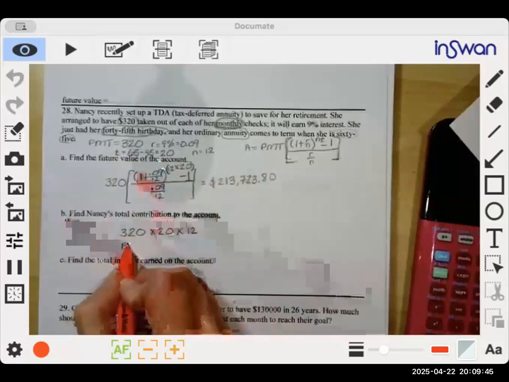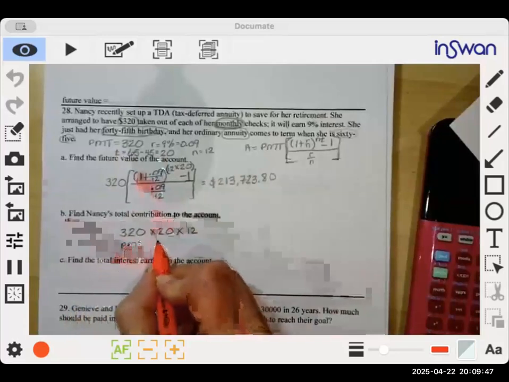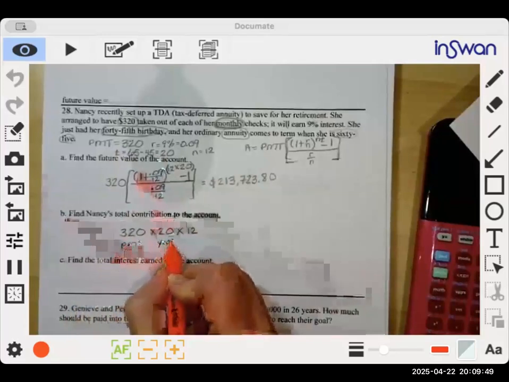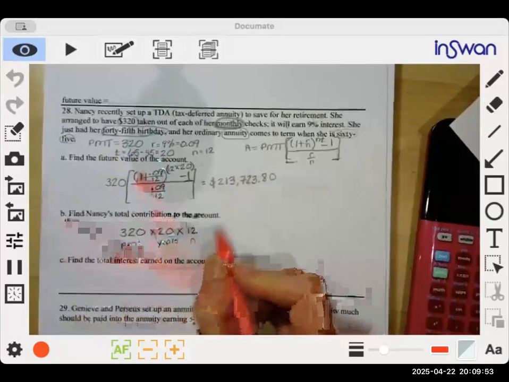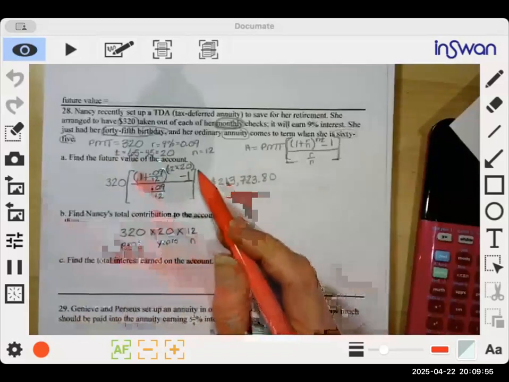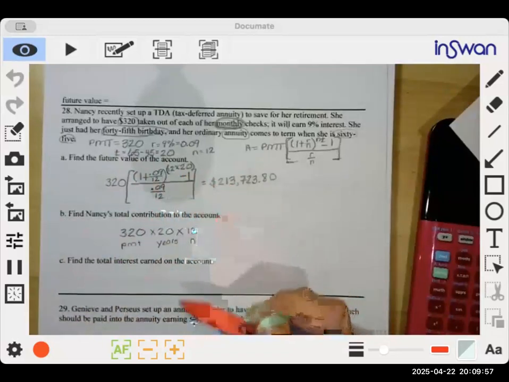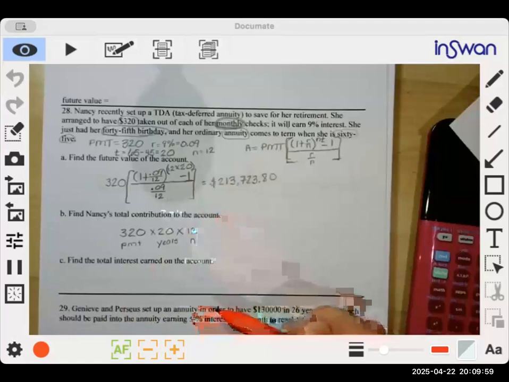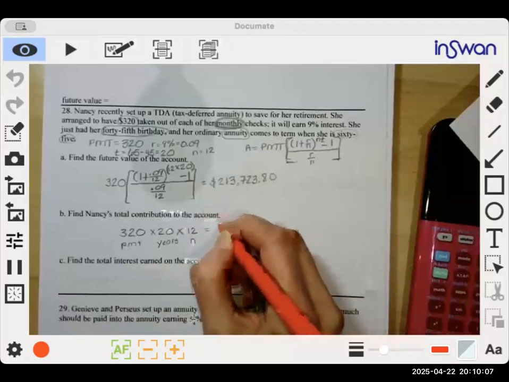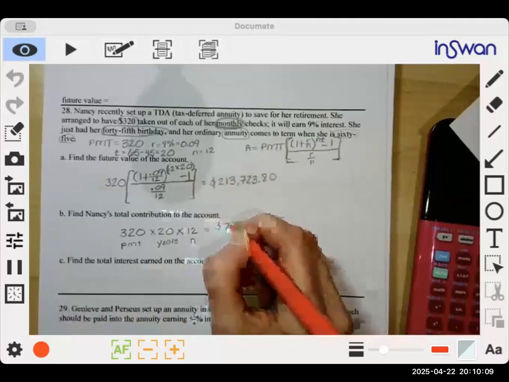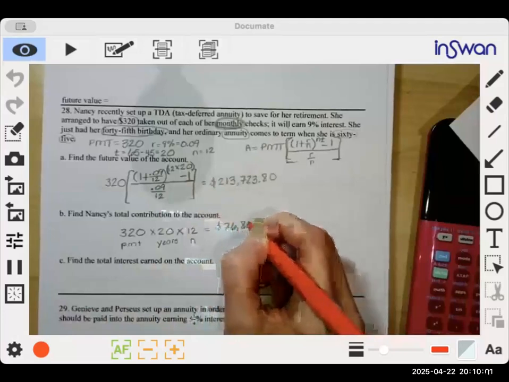So this is the payment, this is the number of years, and this is how often it's compounded, but also how often she put money in. All right, so this is 76,800.